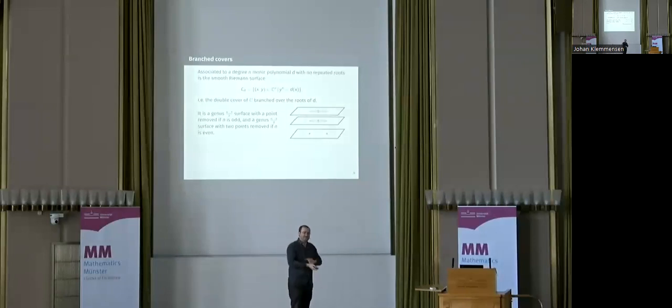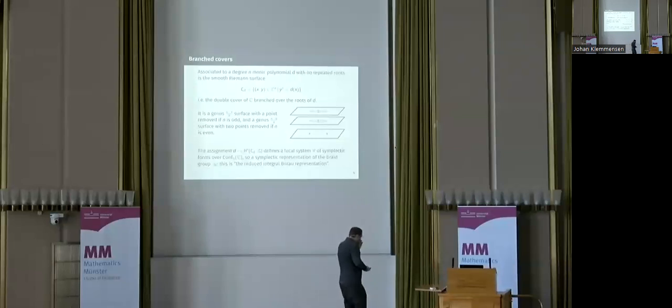So this is the construction you can do with some points in the plane. You take the double branch cover over those points. And now that's a topological surface, and we can look at its cohomology. So in other words, we can look at, for example, the harmonic one forms on this surface. That's a finite dimensional vector space of dimension approximately g, or approximately n/2. And it turns out that because of so-called Poincare duality, it has a symplectic form on it. That's not so important for what I want to say.